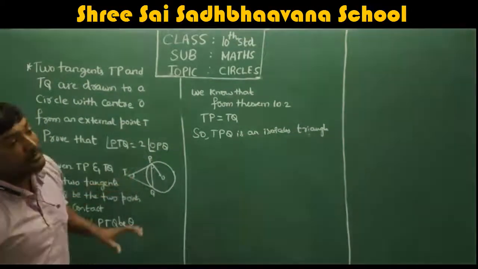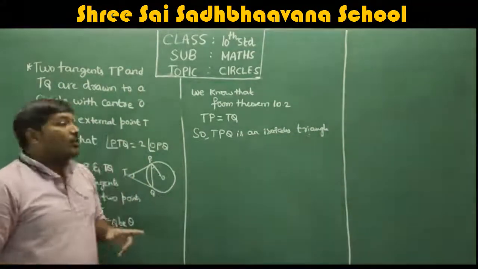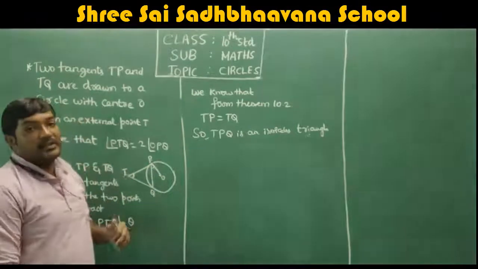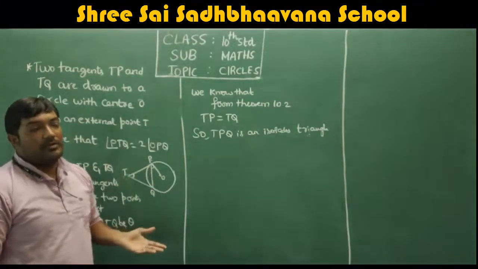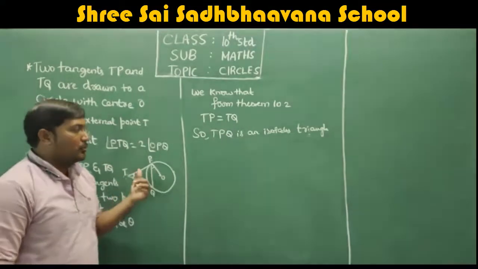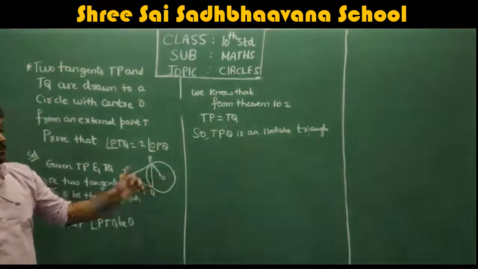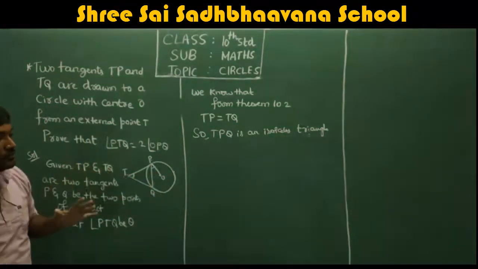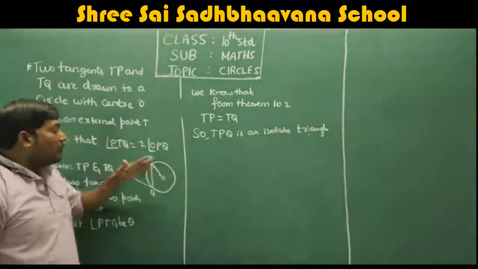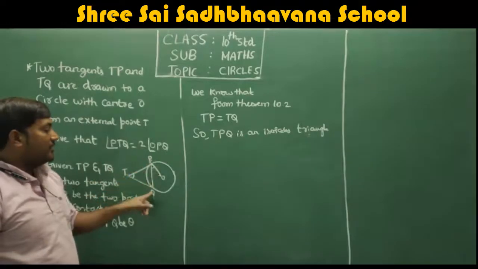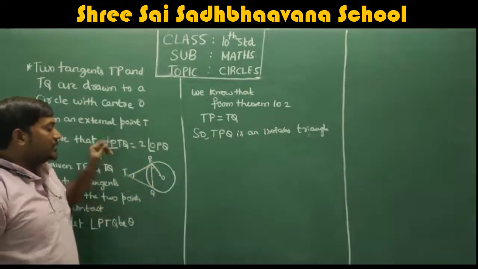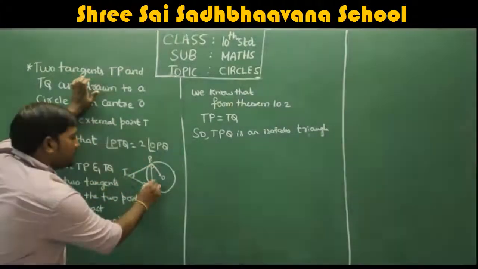And also remember, not only two sides, these two angles should be equal. In an isosceles triangle, two angles are also equal. That also you should know. So what are these two? Only opposite angles. Remember, in an isosceles triangle, opposite angles in this triangle TPQ, these angles are the opposite angles, correct?